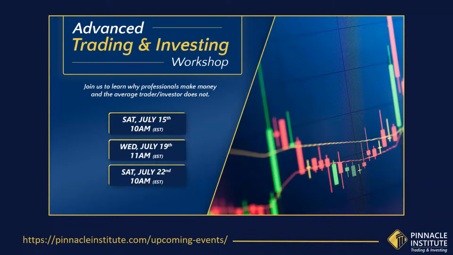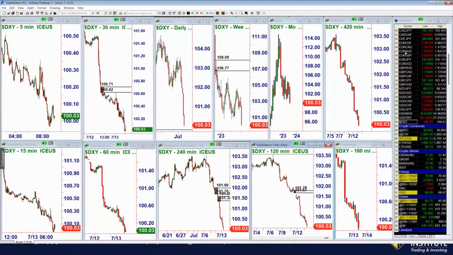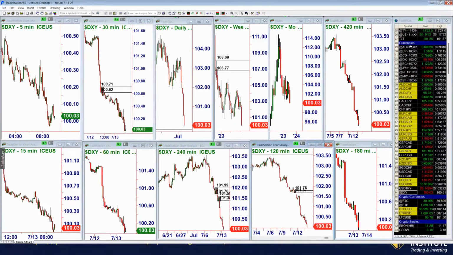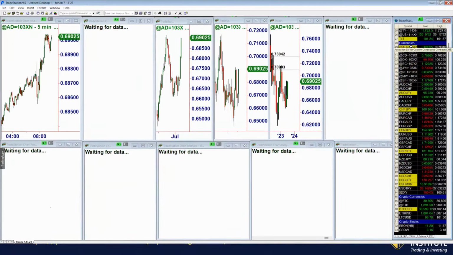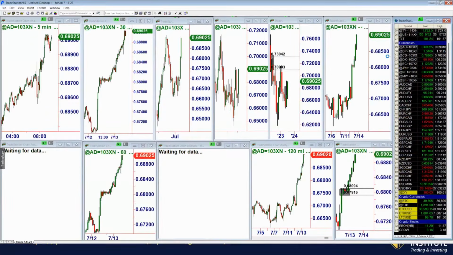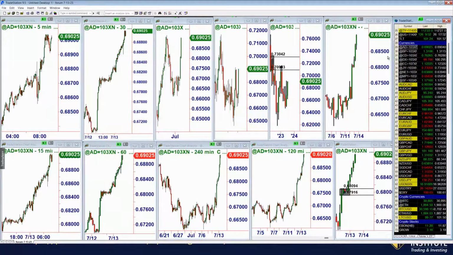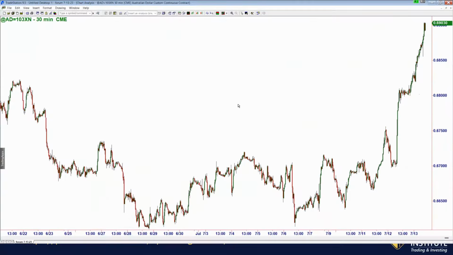The Aussie, I think there's time left to go over the Aussie. Let's go take a look. So the Aussie dollar, trying to remember what chart it is here.